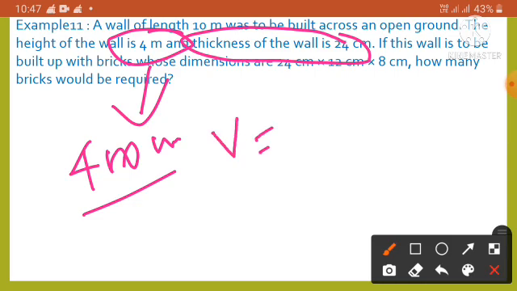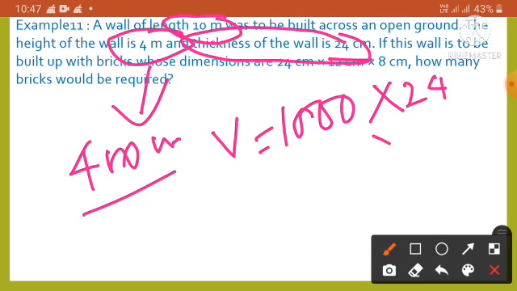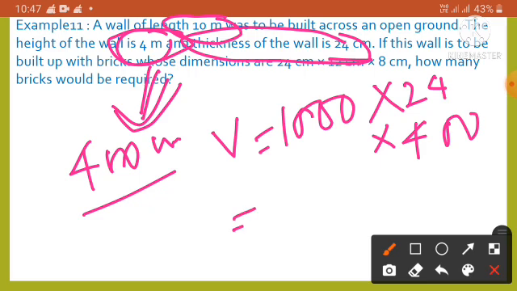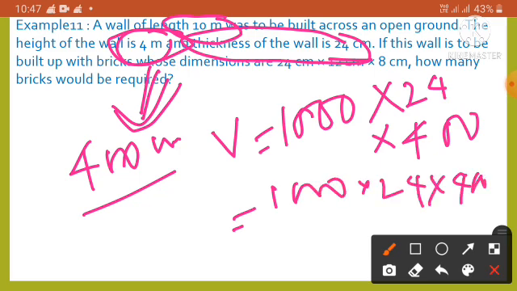Volume of the wall is equal to length, here it is 1000 centimeter, then thickness of the wall is 24 centimeter, and height is 400. So ultimately we got 1000 into 24 into 400 centimeter cube, it is the volume of the wall.